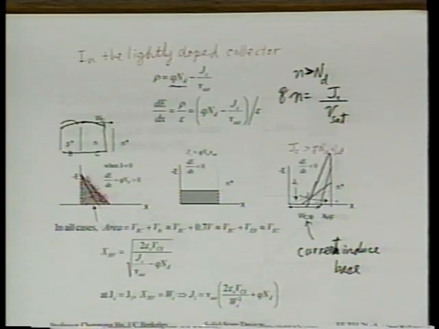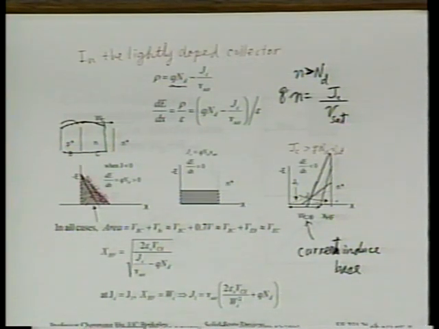The base we try to make very thin. The collector we try to make thick so that we get large breakdown voltage, right? So when you put all this together, it should not be surprising that when current gets too large, speed certainly drops, right? And if I ask you the next question, you probably should also have an answer.